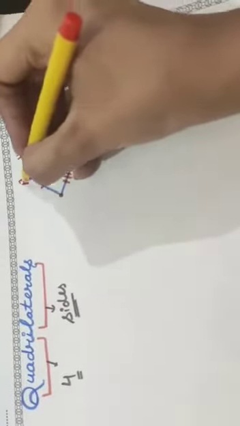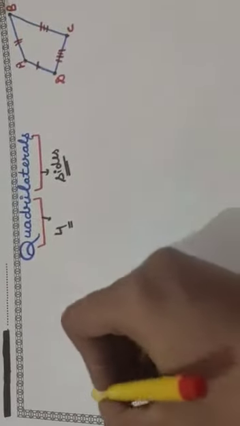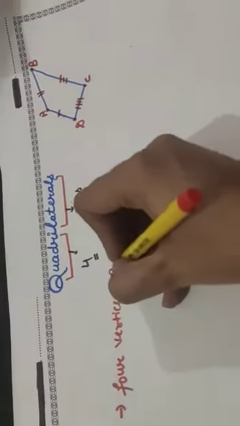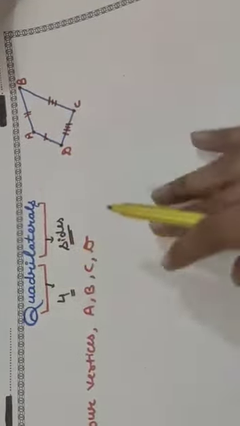Now let's name them. Suppose A, B, C, D. So ABCD is a quadrilateral with four vertices whose names are A, B, C and D. Now what about the sides? It has four sides, as is indicated by the definition also.